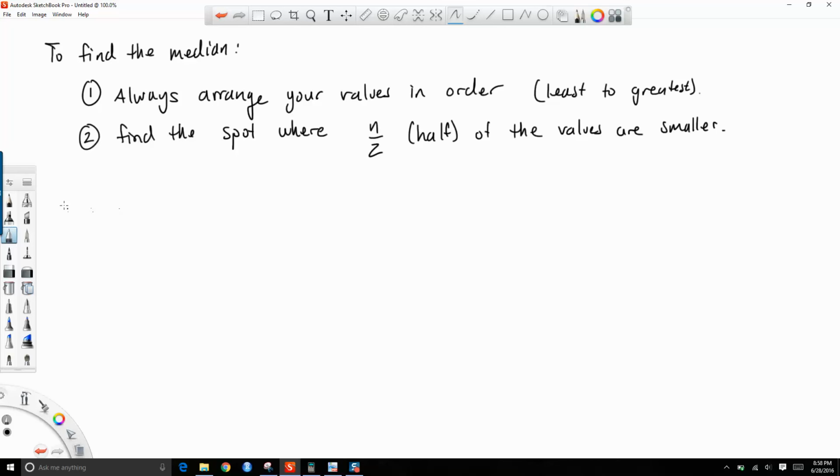If you have an even number of values, an even n, then the median is between the middle 2 values.